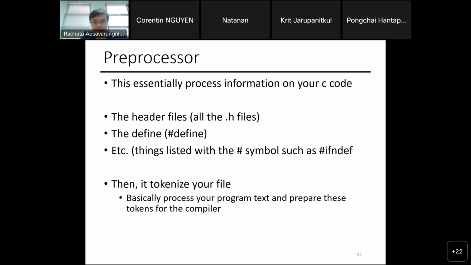It parses the text file, then tokenizes your program's text to prepare that, hey, is this A plus B? The text A with the add sign followed by B, things like this, right? The text A plus B becomes the symbol A for the variable that gets added, right? So you take A and B, you add them together.